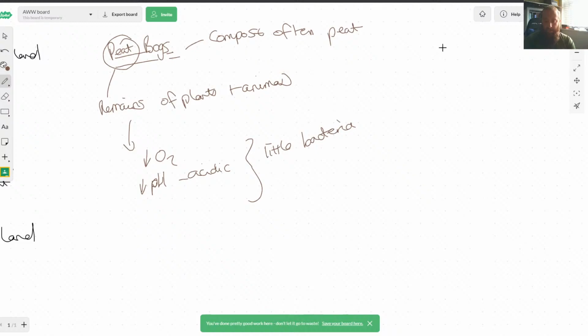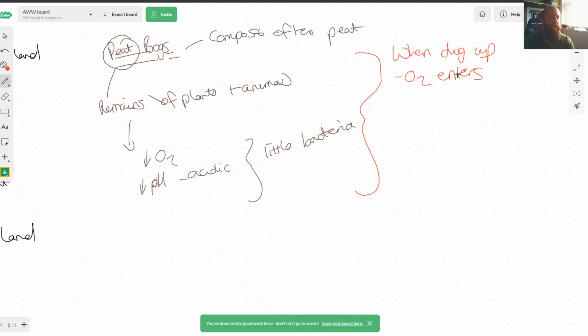The problem we've got with the peat bogs, and this is where the negative effects come in, is that as soon as it's dug up, oxygen enters.